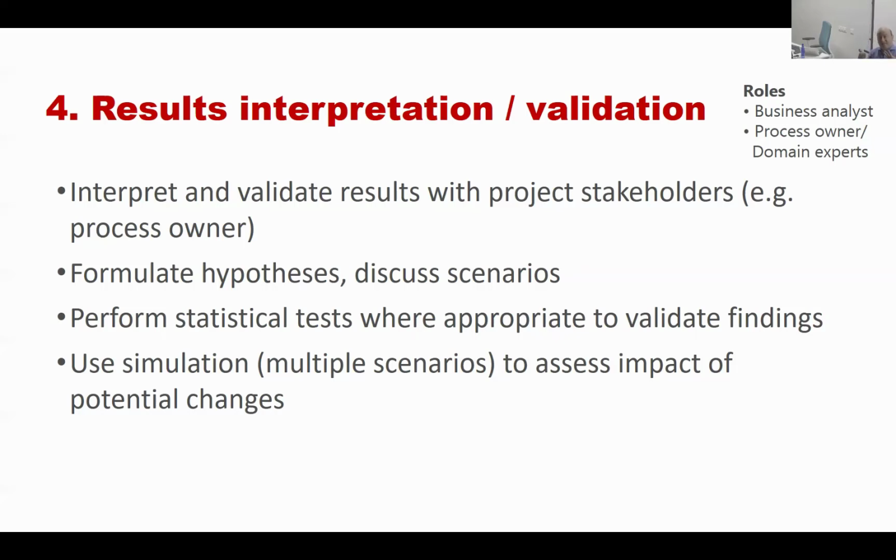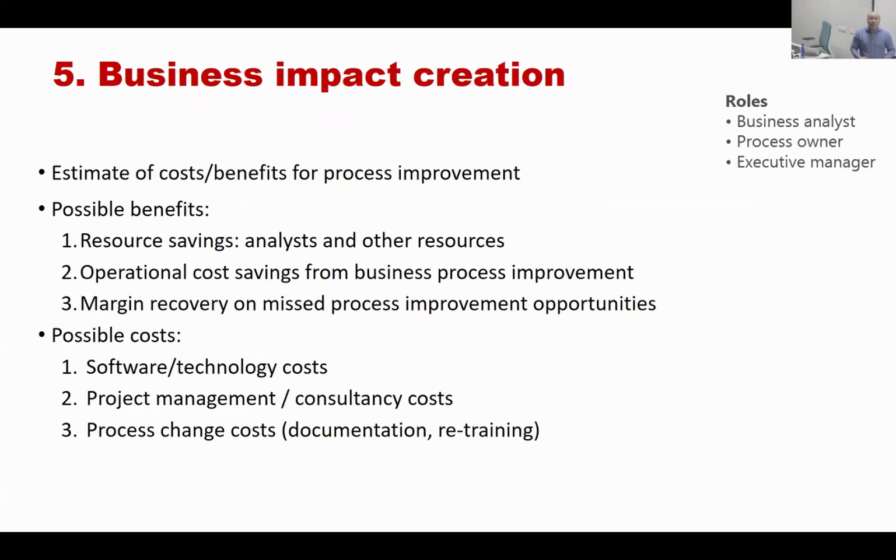And once you have come up with this very concrete hypothesis, you can go back to the data and use statistical hypothesis testing or causal inference techniques in order to validate those hypotheses, before you then use them to propose changes to your business process and to launch a project to implement those changes and to improve your process according to the metrics that you were initially tasked to improve.